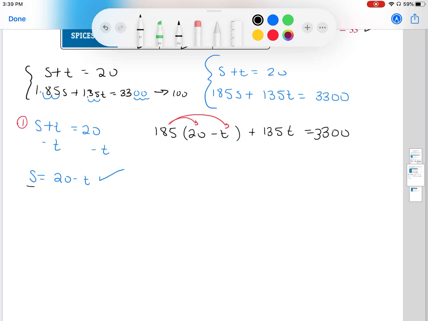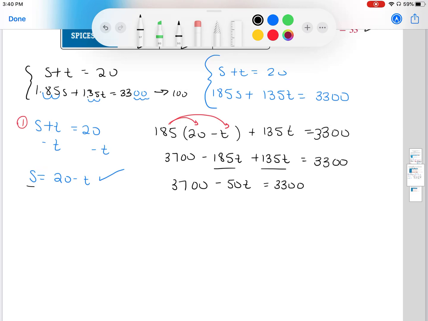I have to distribute 185. So 185 times 20 gives us 3,700. So 3,700 minus 185t, plus 135t gives us 3,300. Let's combine like terms. Negative 185 plus 135, we get negative 50. 3,700 minus 50t is equal to 3,300.